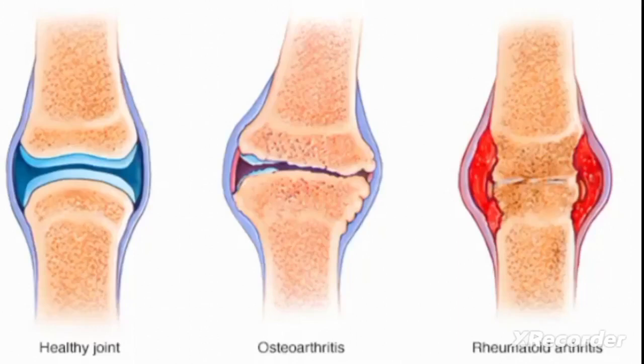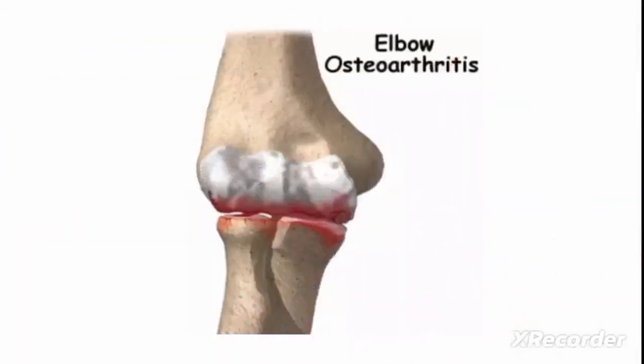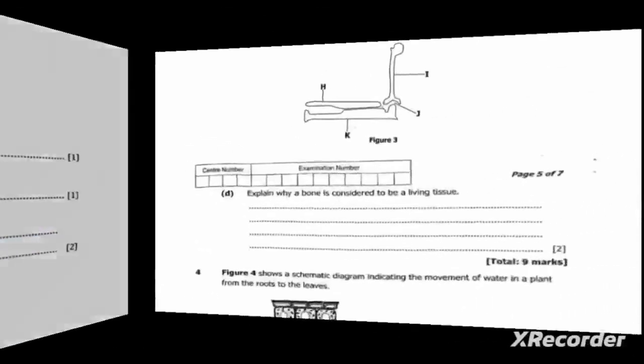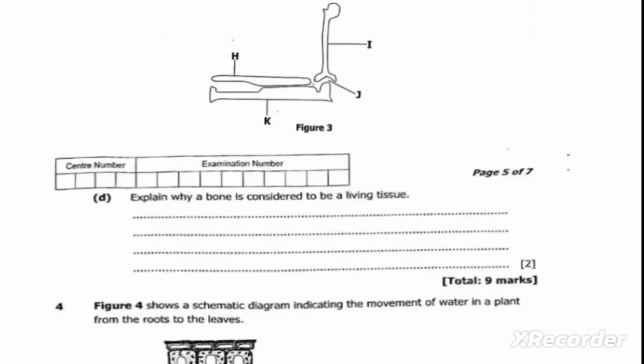Generally, for the disorders of the joint J, we are going to say dislocation and arthritis. The question is carrying 2 marks, and we have written two disorders.